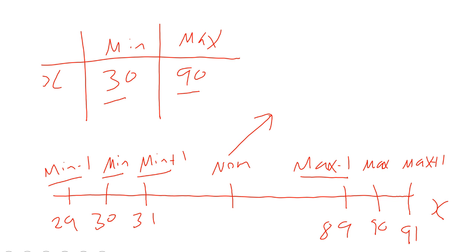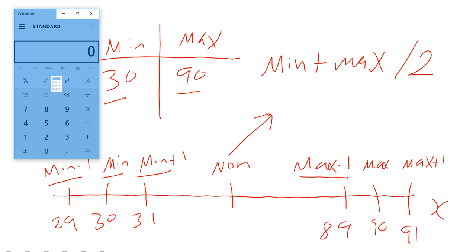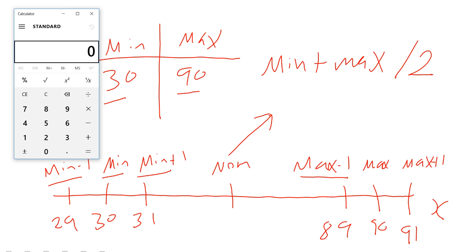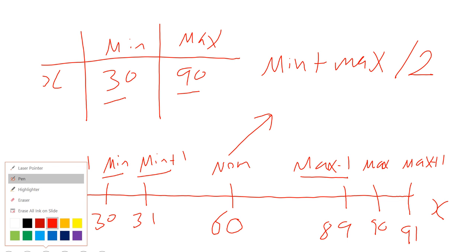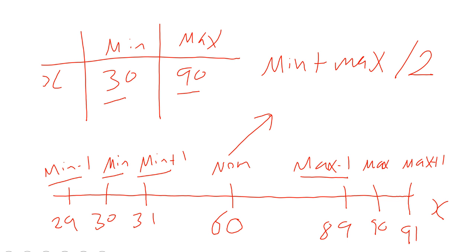And to calculate the nominal, same rule, minimum plus maximum divided by 2. Calculator: 30 plus 90 equals, divided by 2 equals 60. So nominal equals 60. And in test cases we will have 7 test cases.